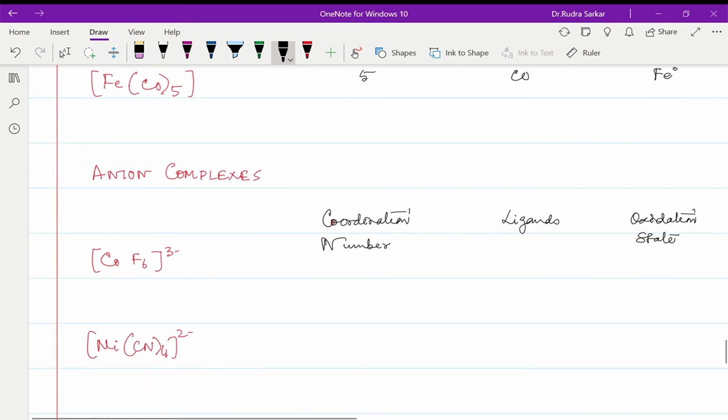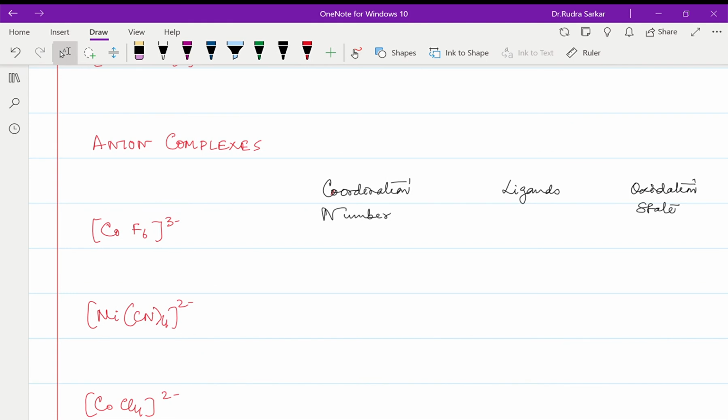Please say coordination number. So 6, sir. Ligand? Sir, CN minus. Oxidation state? So 3 minus, sir. Co 3 minus, plus 3. What's the answer?